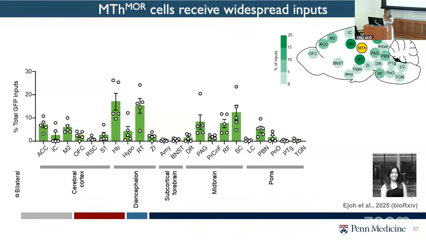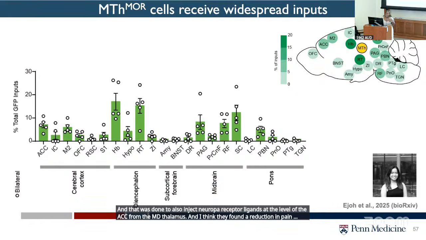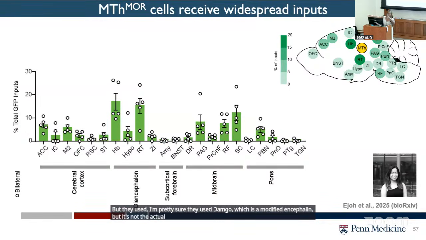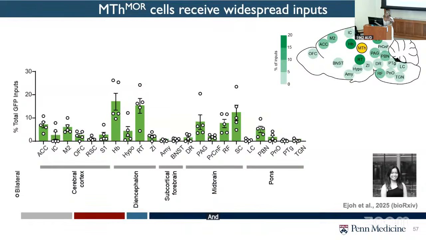I'm thinking that there's an in vivo study from the MD to the ACC, and that was done to also inject mu receptor ligands at the level of the ACC from the MD thalamus. And I think they found a reduction in pain aversion. But I'm pretty sure they used DAMGO, which is a modified enkephalin, but it's not the actual enkephalin that comes from this natural release that might occur from pain expectation or stress. So that would be an interesting experiment to do and look at a particular projection too.